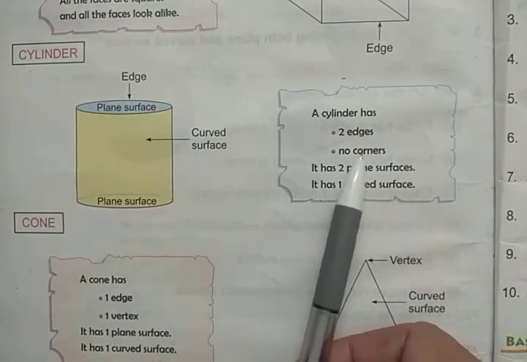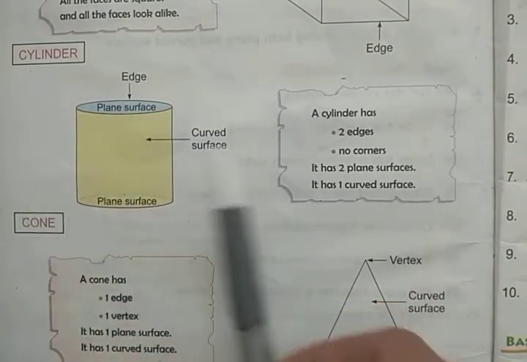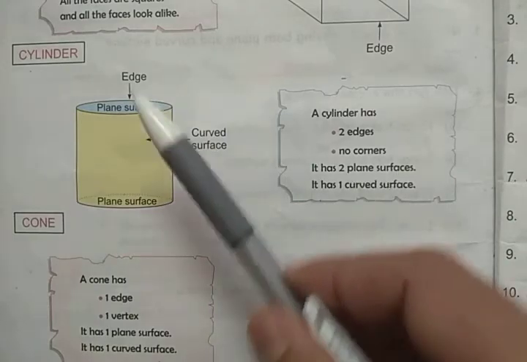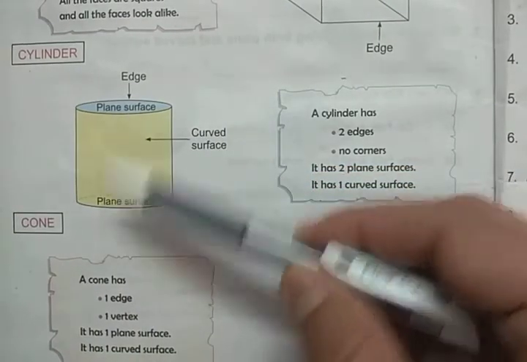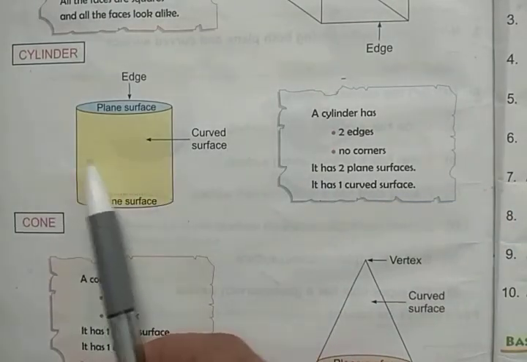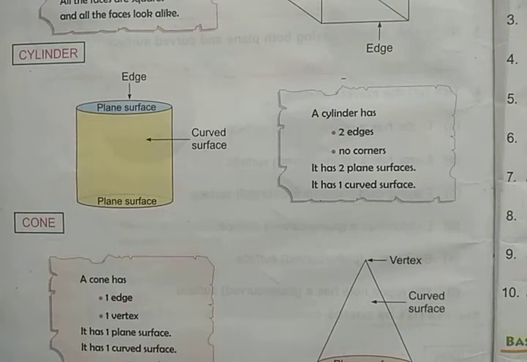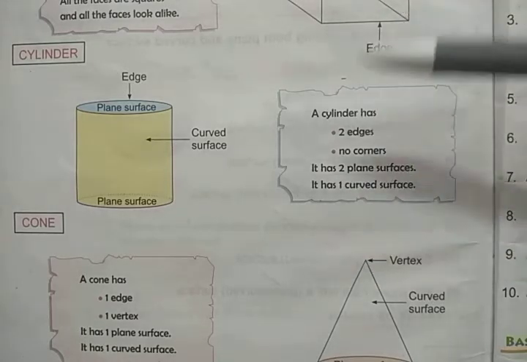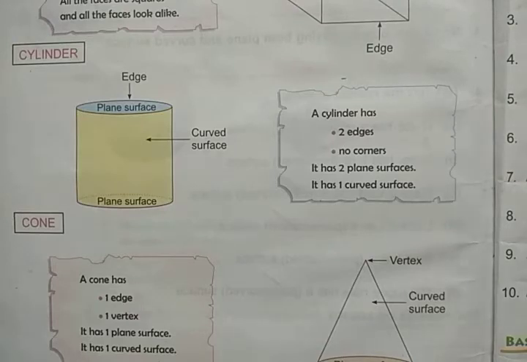There is no corner, and it has 2 plane surfaces, one at the top and one at the bottom, and 1 curved surface. So you have to learn these things. These are the properties of solids, of different shapes, and you have to learn their edges, corners, faces, surfaces, that you have to learn.